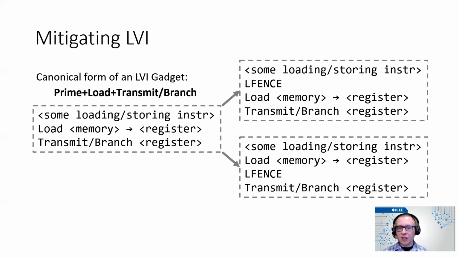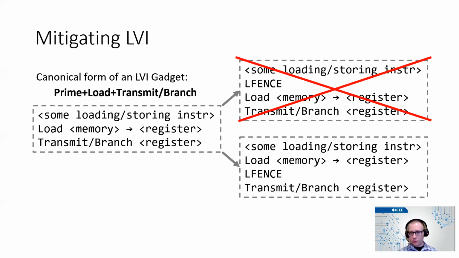But the first solution is actually not valid, because in load value injection, transient execution only begins after the load. I mean, the second instruction, the one that could fault. So if the LFENCE is instead inserted between the load and the transmit, then any fault that is triggered during the load will be caught at instruction retirement, which the LFENCE guarantees will happen before the transmit instruction can be executed, even transiently.